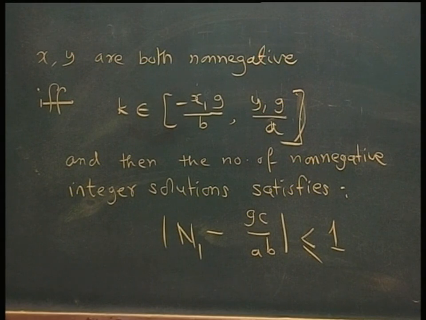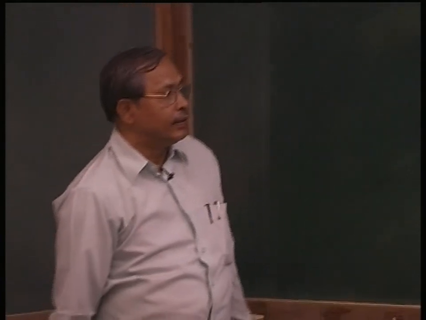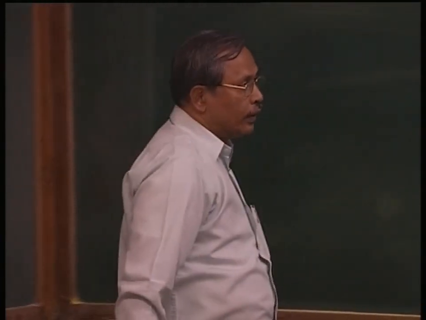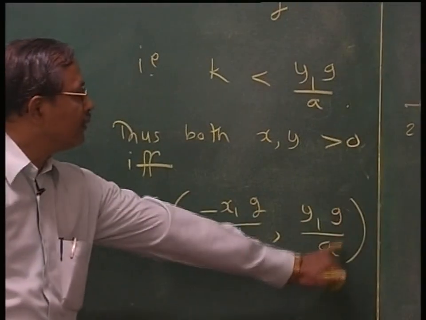If you want the exact number of positive solutions, then you have to actually see how many k are there which are positive integers and which are between the given numbers minus x1 g by b and y1 g by a.